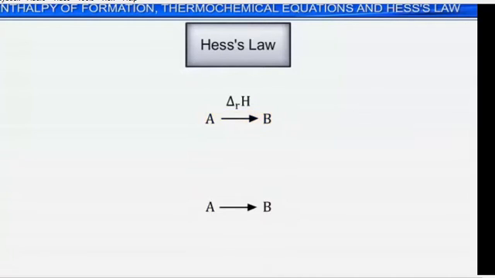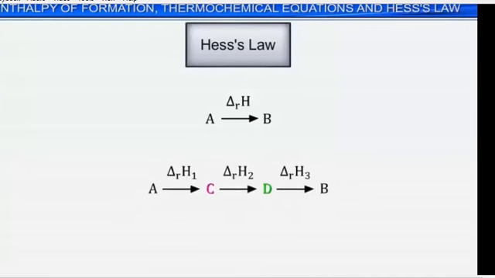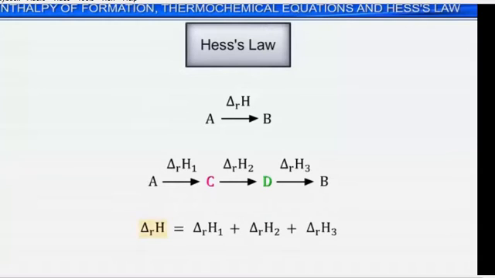Now, if the same reaction occurs through another route, delta RH1, delta RH2, delta RH3, then we can say that delta RH equals the sum of delta RH1, delta RH2 and delta RH3.